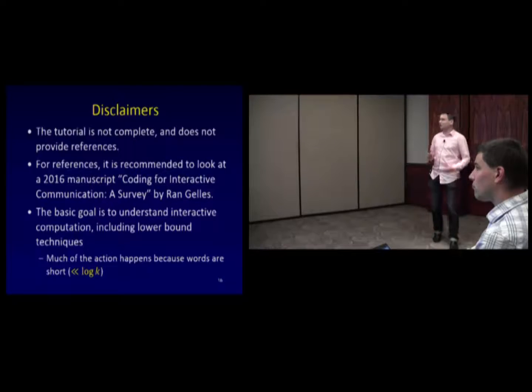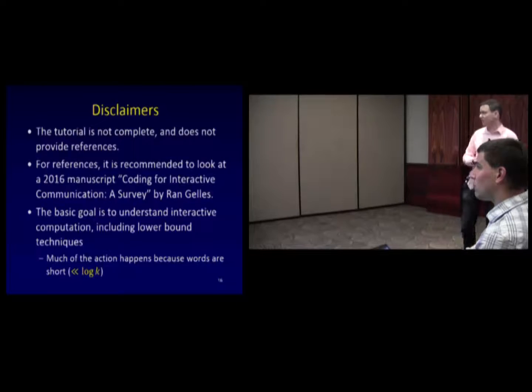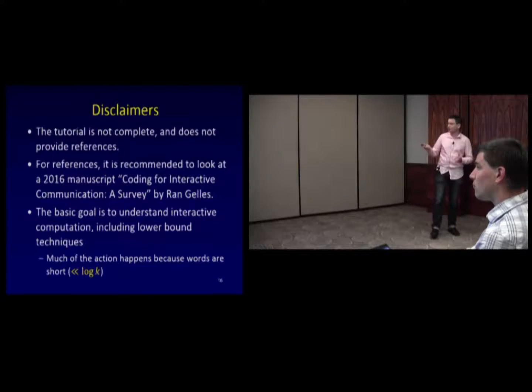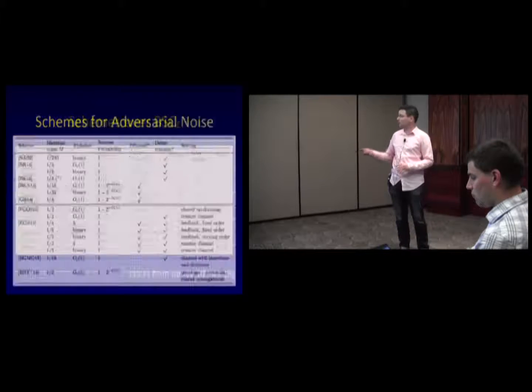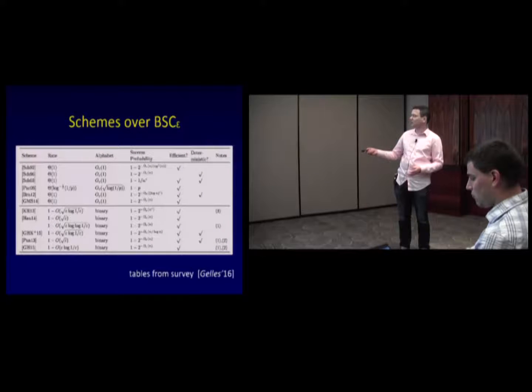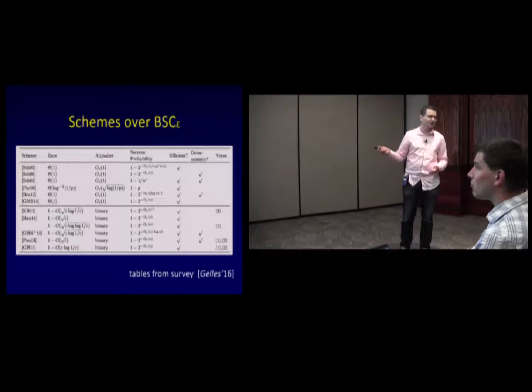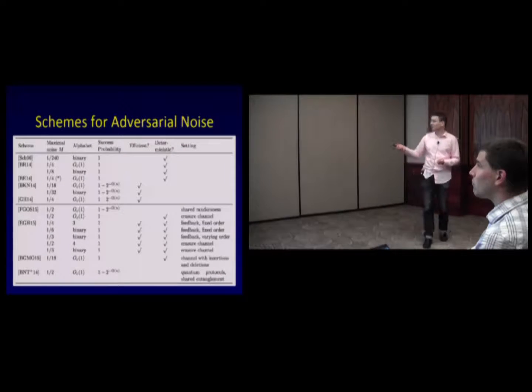The basic goal is to understand interactive computation, including new lower-bound techniques. Much of what I do is communication complexity and general complexity theory. This is to give you an idea of why I don't plan to talk about specific results, because there are many different settings.